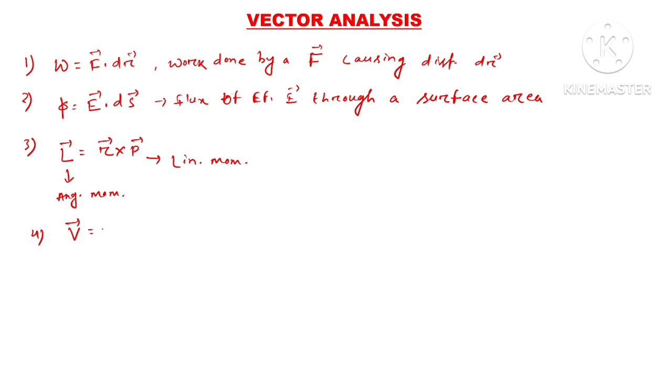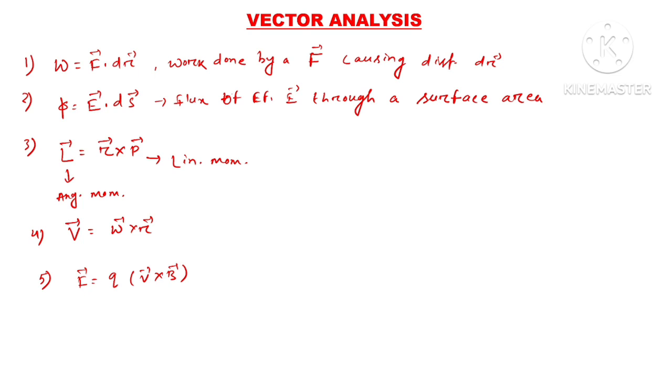Like we can write down V is equal to omega cross R. And the fifth application is Lorentz force, force on a charged particle in a uniform magnetic field, that we can write down F is equal to Q V cross B, right? So these are the basic things.